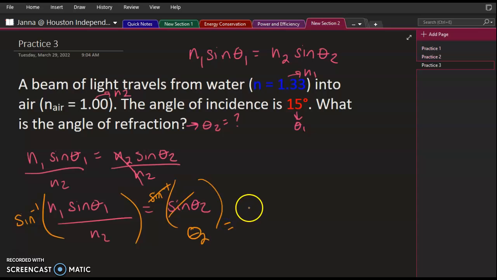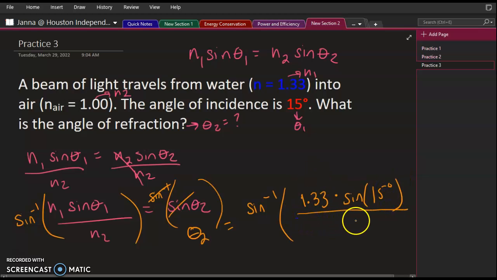So rewriting, theta 2 will equal inverse sine of N1, which is 1.33, times sine of 15 degrees divided by our N2, which is just 1.00.